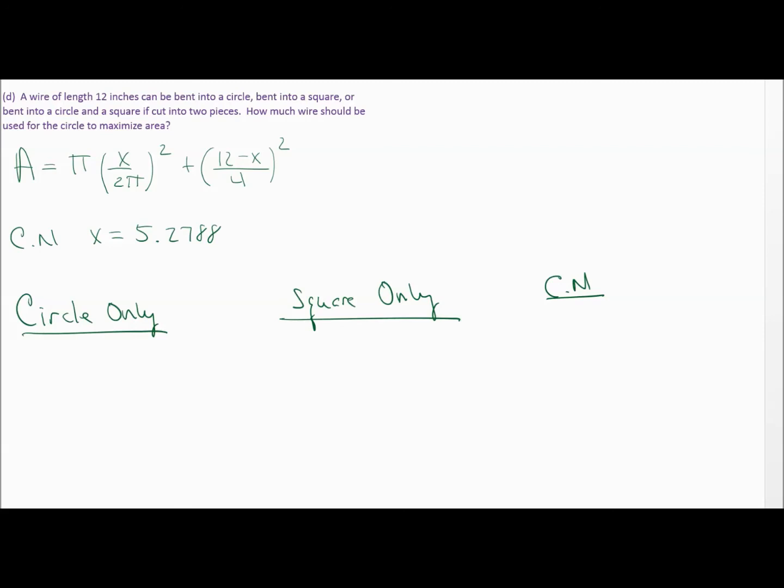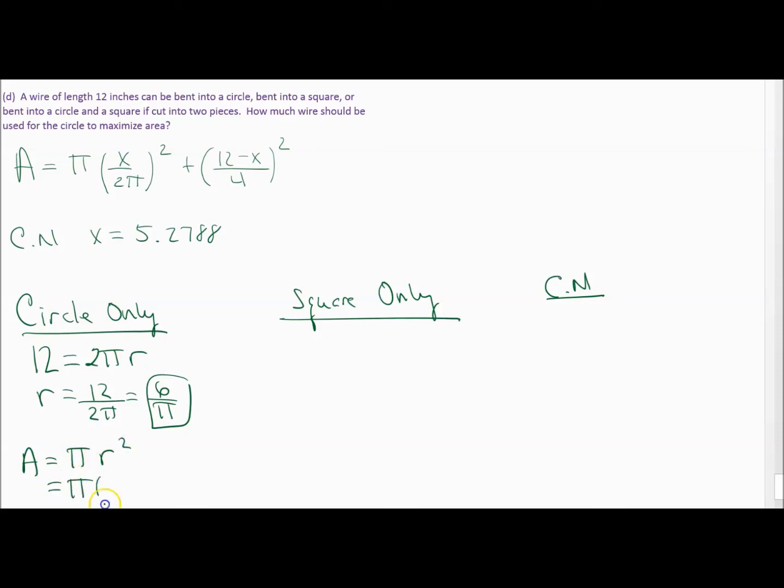Remember, the circle only is just the length of our wire is equal to 2 pi r, which would mean our radius, if I solve for r, is 12 over 2 pi, which is really 6 over pi. Now I've got to find an area. So remember, area is equal to pi r squared.